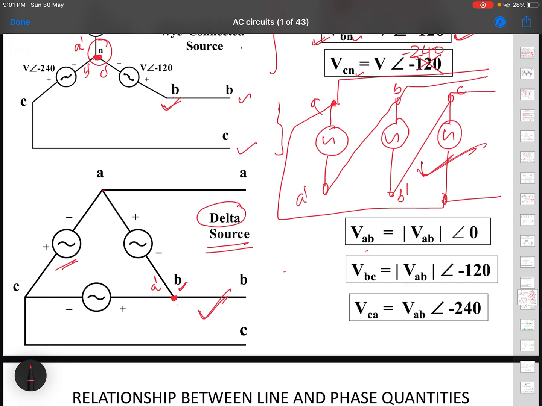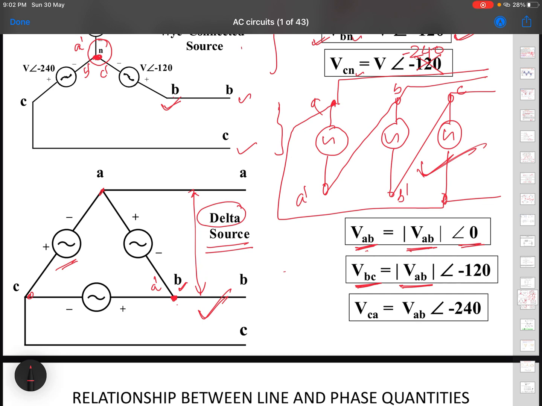In this connection you don't have a neutral point anymore, you have A and B, so that is VAB. If I take VAB as a reference with angle 0, and then B and C, that is VBC, the magnitude is always the same because only the angle is going to be different, as all three are the same kind of coils.